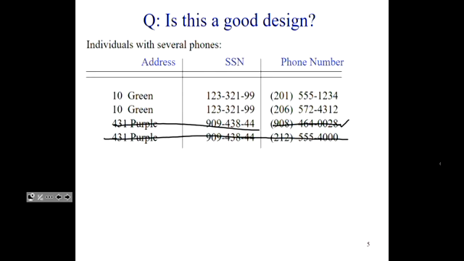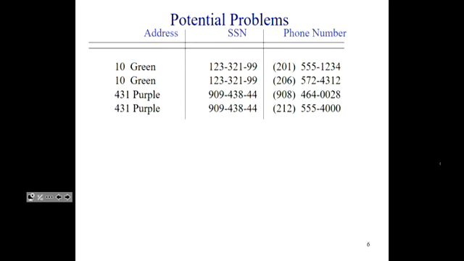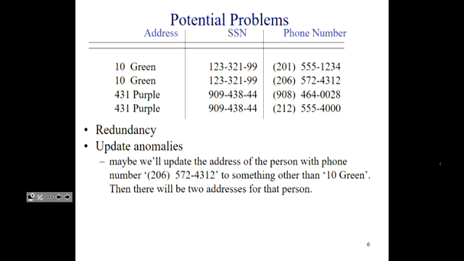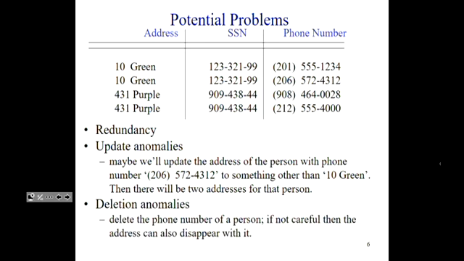Does that make sense? Okay, so there are three issues here. The first is the issue of redundancy, the second is the issue of update anomalies, and the third is the issue of deletion anomalies. The issue with redundancy is that you're storing the same information twice.